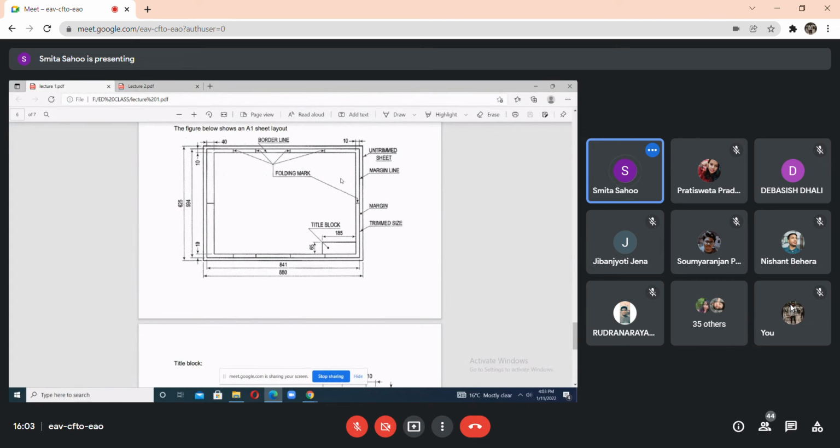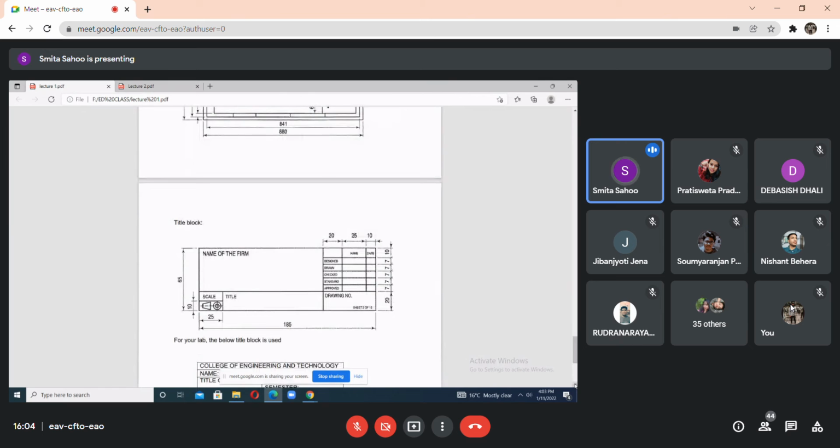Then after having our borderline, we are having the title box, which is a very important part of every sheet, and it's a common part in all the sheets. And in the title box, what is actually the function of the title box?